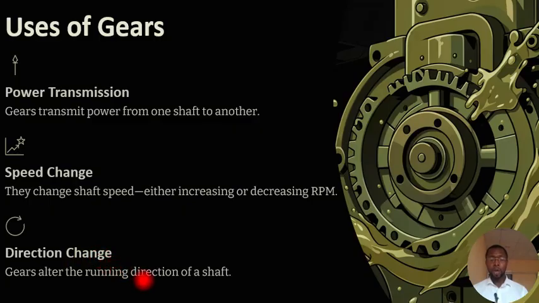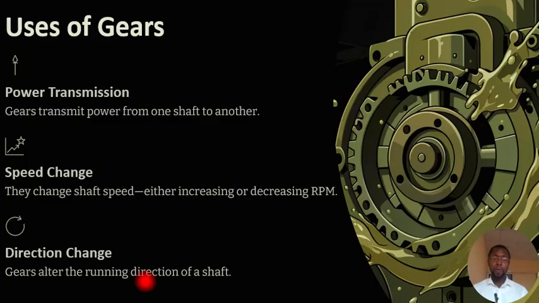When you have a gear in a mechanical system, it may be used to change the direction of motion, whether from left to right or from right to left, alternately. So where you see motion changing from one direction to the other, from left and back to the right, just know that a gear is in play there.